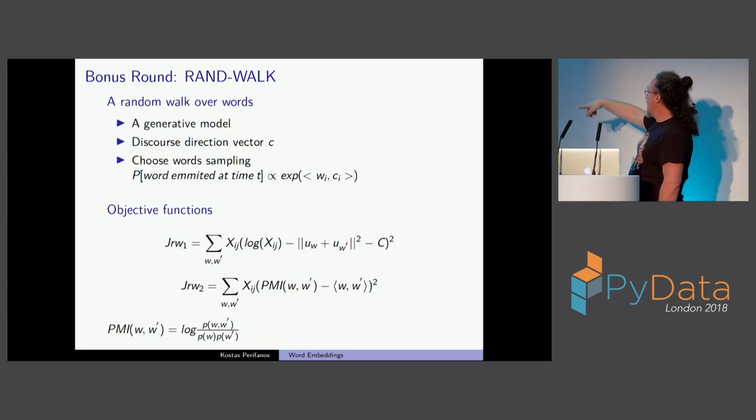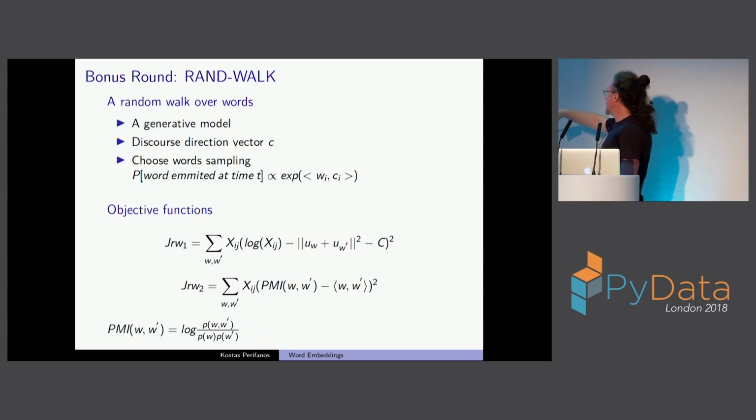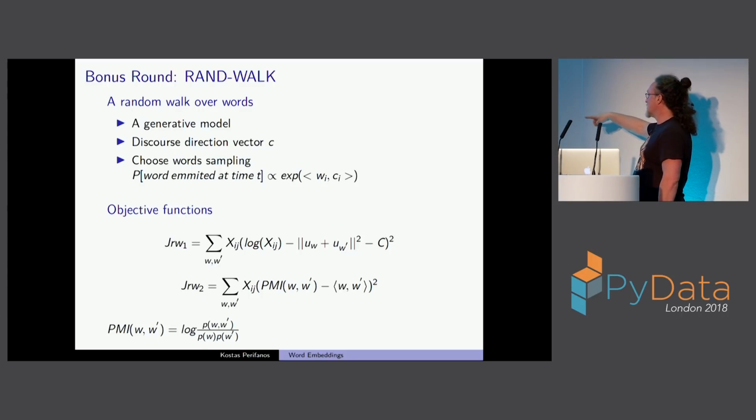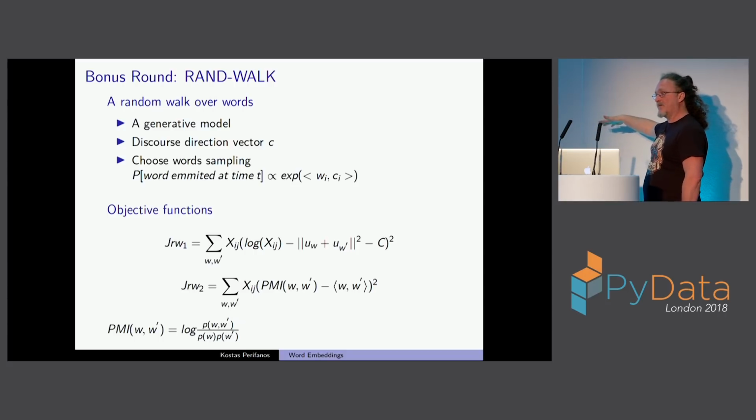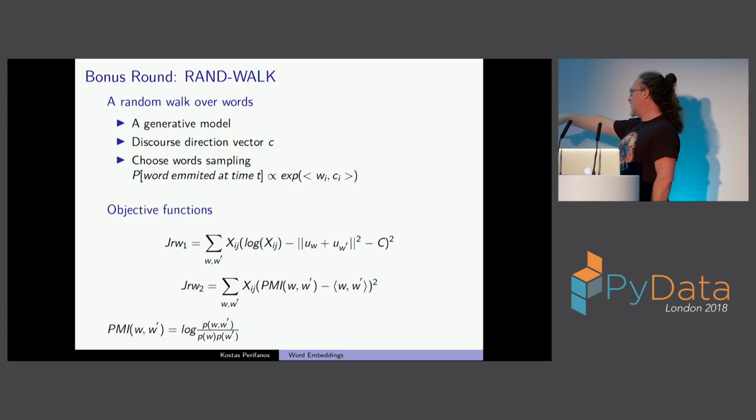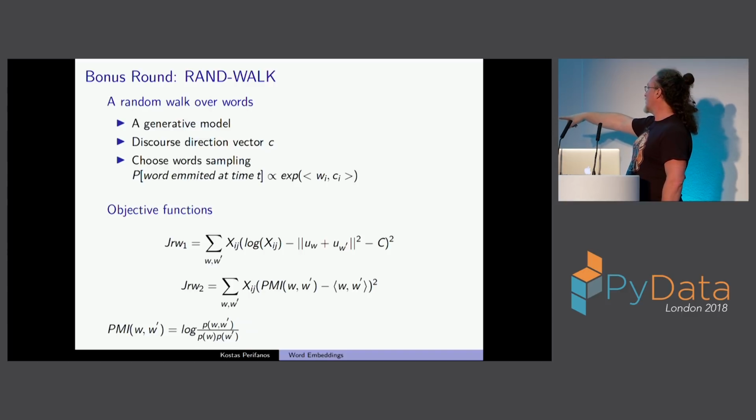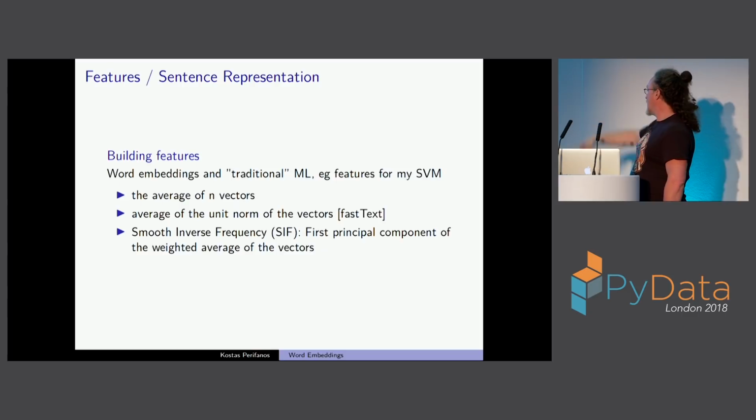The second optimization function uses pairwise mutual information, which is closely related to how word2vec works, and that's yet another paper. The pairwise mutual information is essentially the log of the probability of two words appearing together over the product of their probabilities.